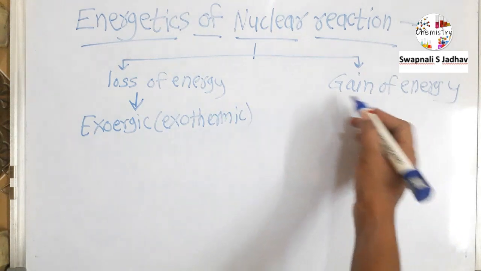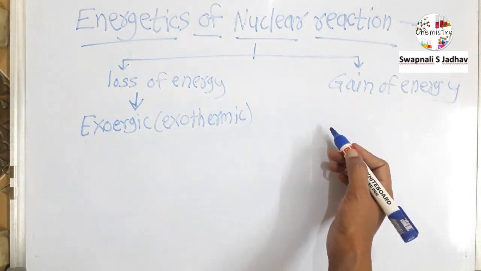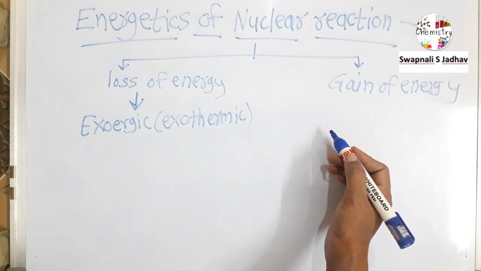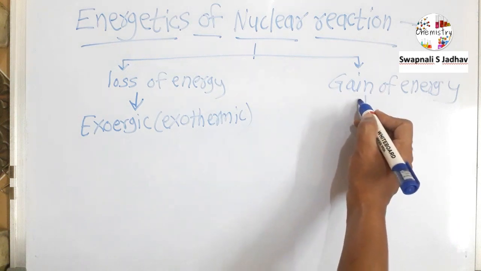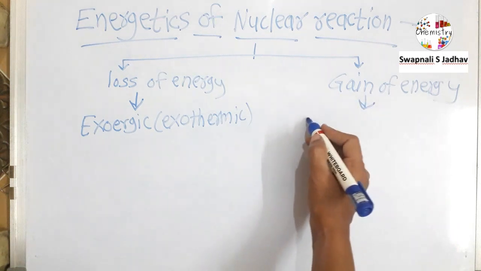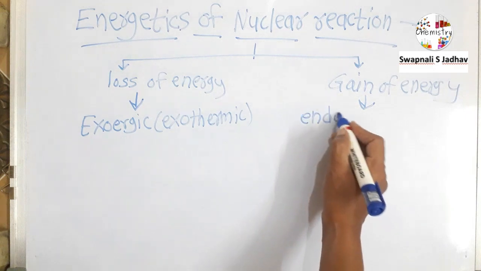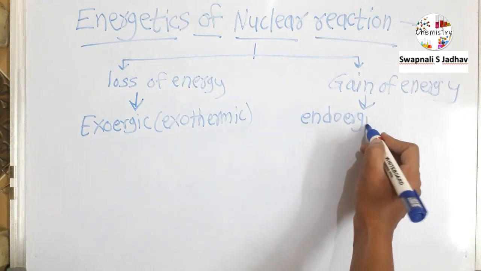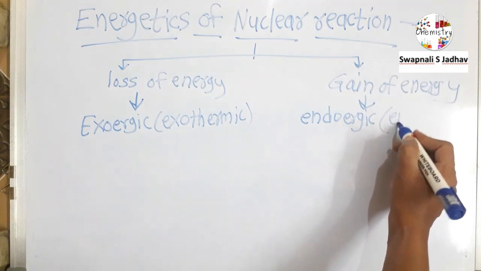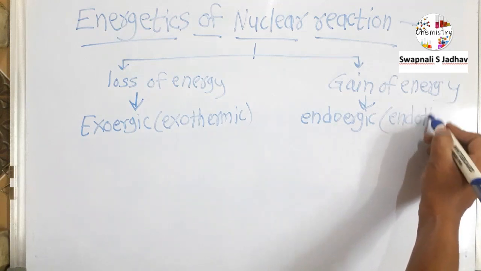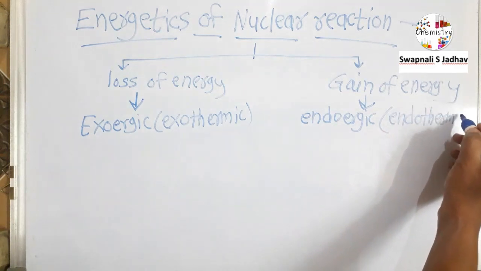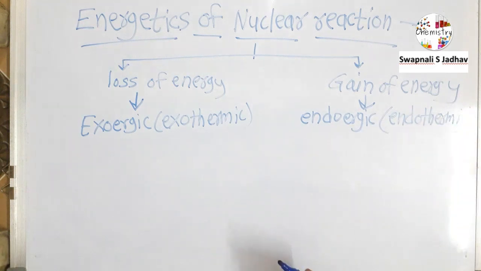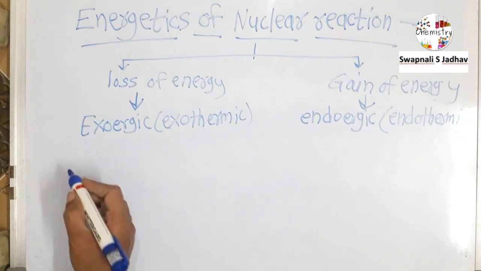And when energy is gained or absorbed during a nuclear reaction, then these nuclear reactions are called endoergic or endothermic. Endoergic or endothermic. Okay, we see an example of exoergic.